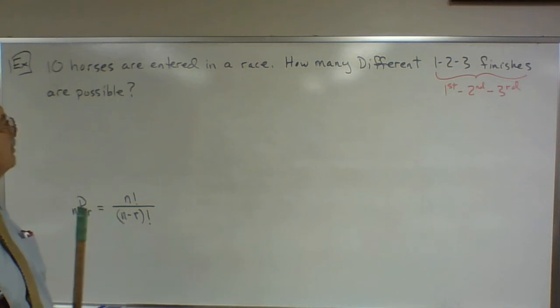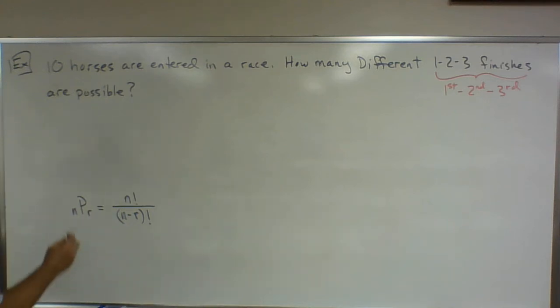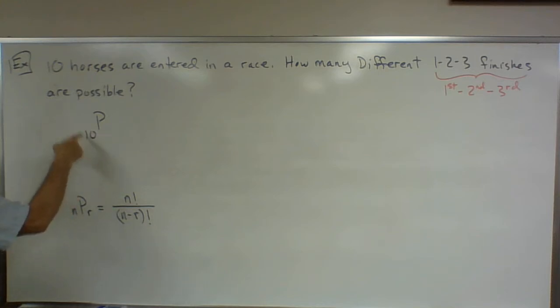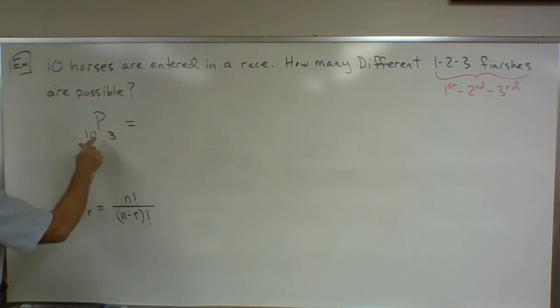First, second, third matters. So this is a permutation of any 3 horses selected from a set of 10 horses.